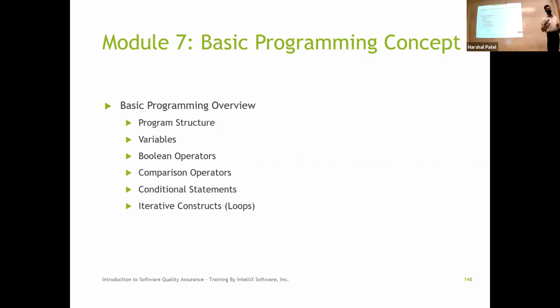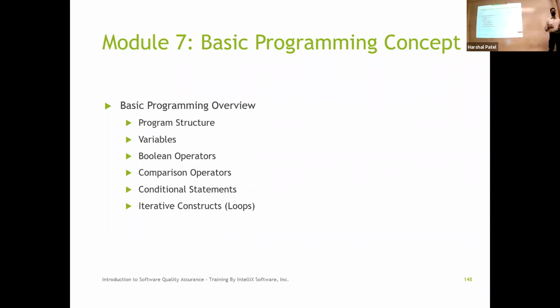So in your folder, the next sequential module is module 6, which is the database. We're going to skip that for now. We'll come back to that later. So module 7 is the basic programming concepts. Now, as a QA, you're not going to write code.